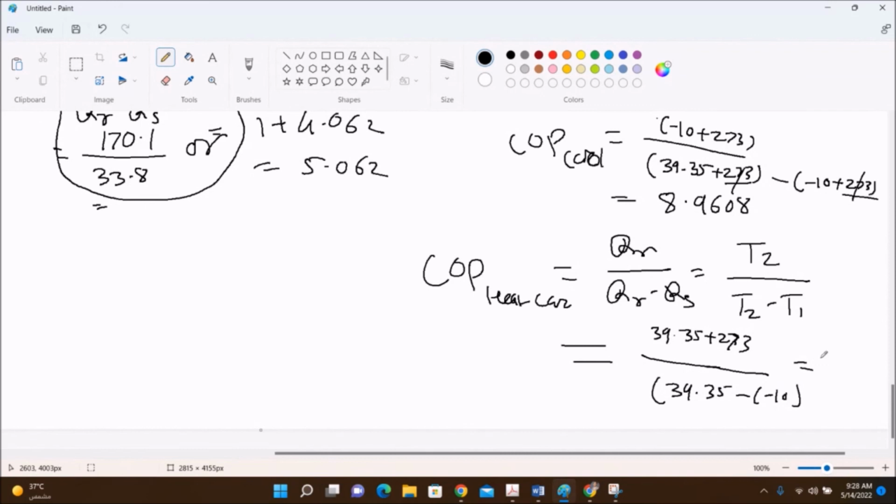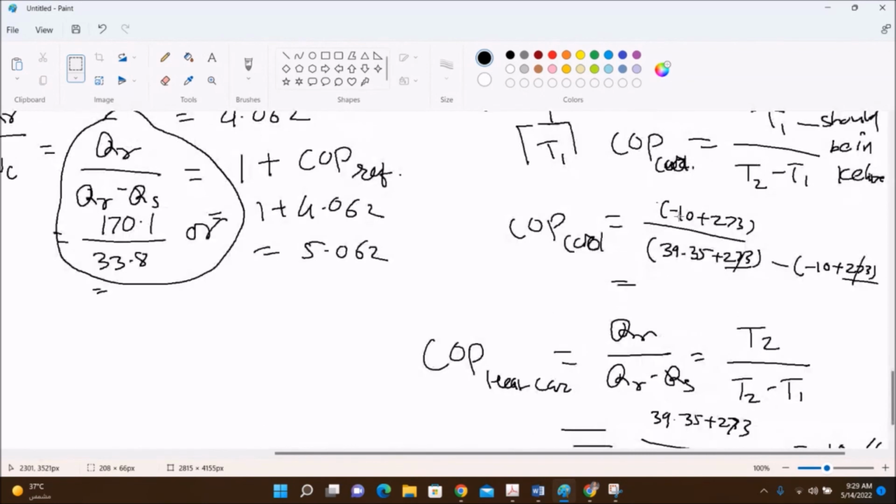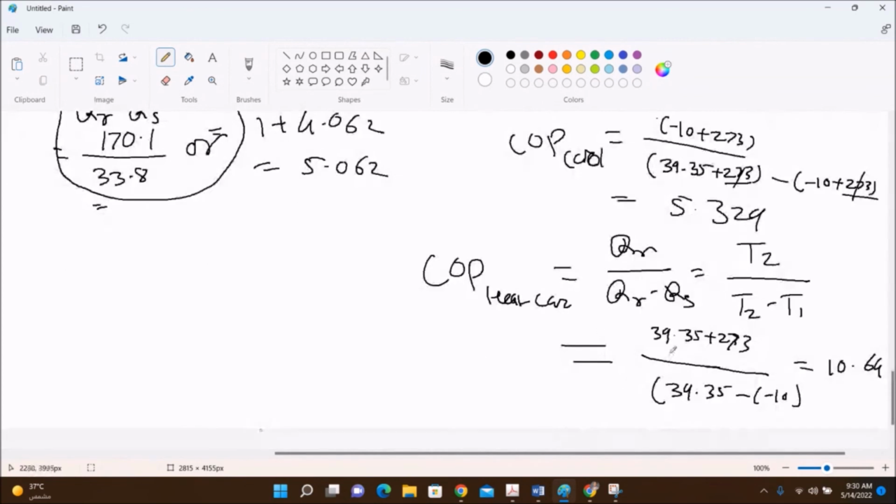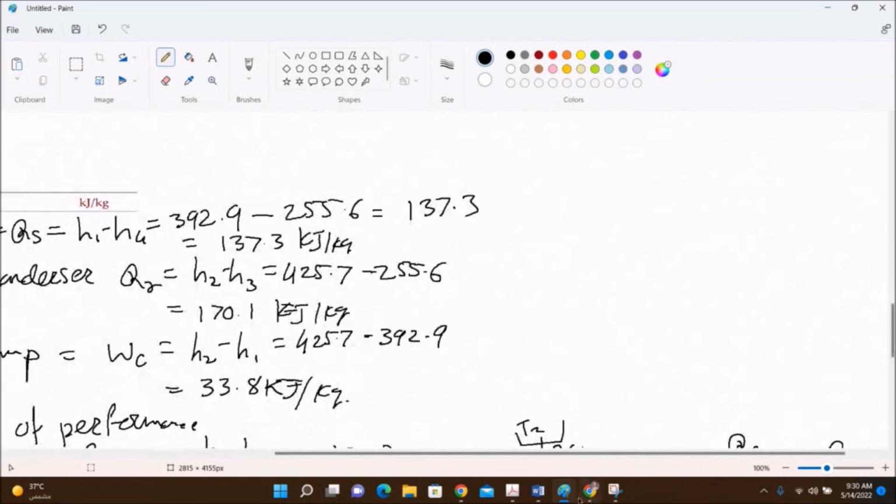It doesn't matter if it is degree or Kelvin. 10.64. Sorry, this is a mistake, that is wrong, so I will calculate again. 5.32, 5.329. So this is COP of Carnot cycle.